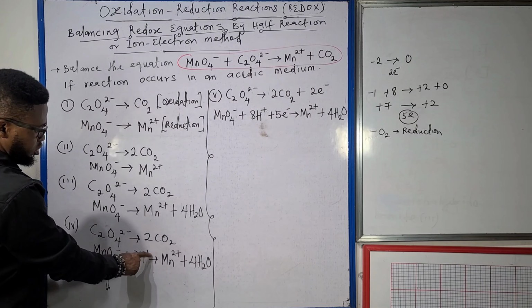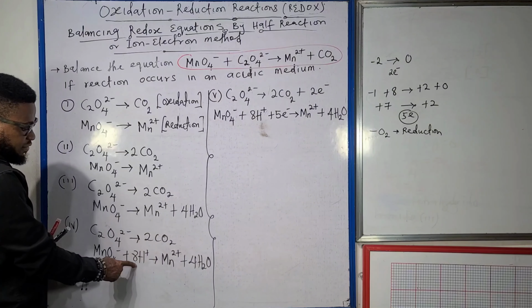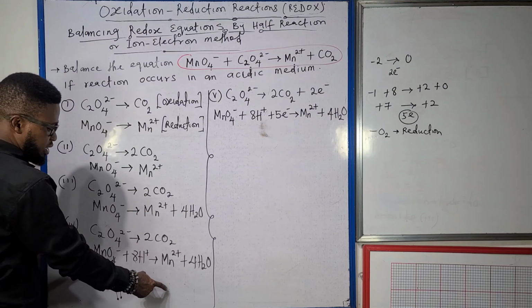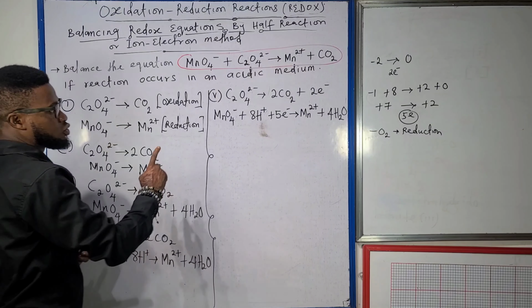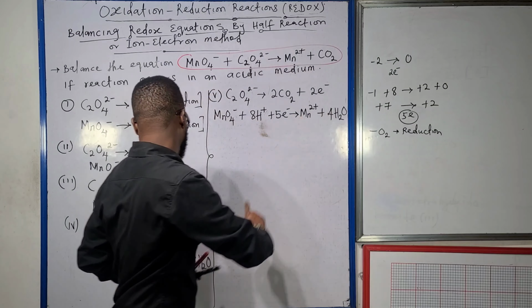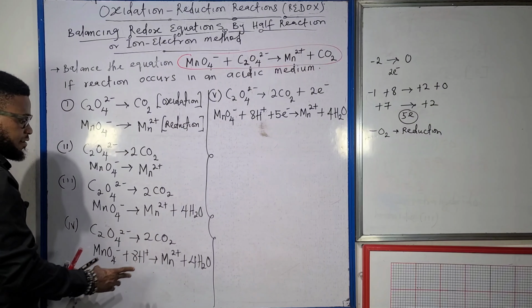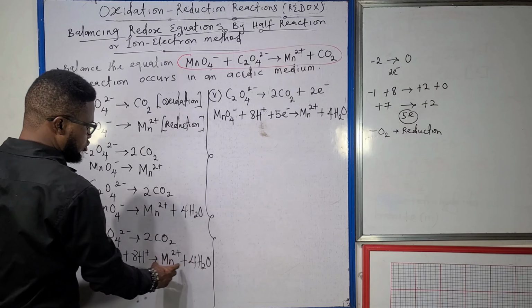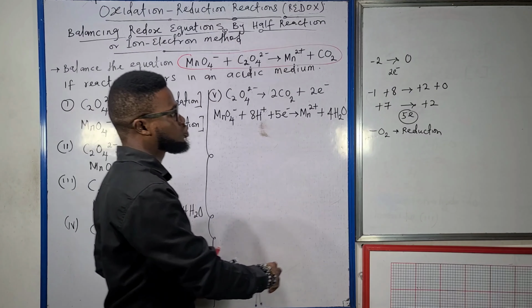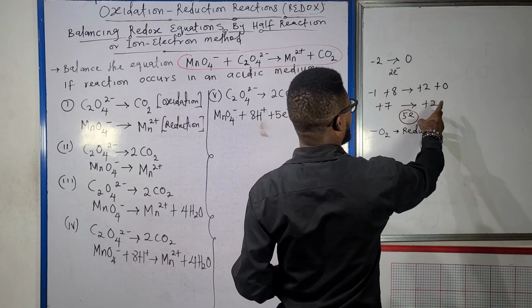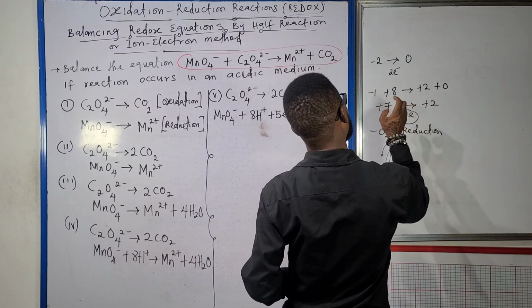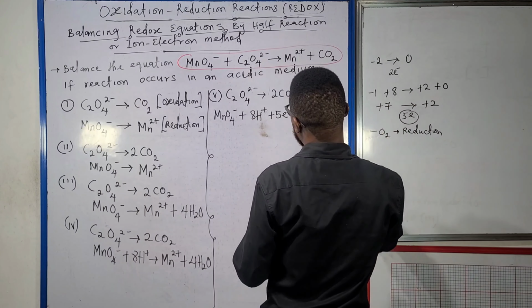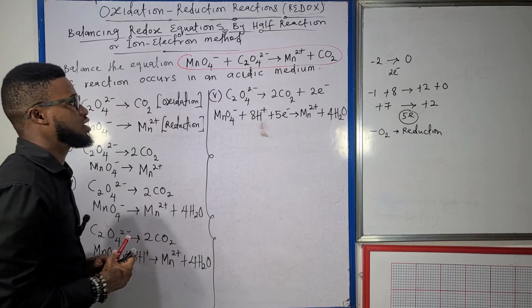This is hydrogen ion, H plus, that's +1, but because we have 8 here, 8 times +1 is +8. So -1 plus 8 will give us +7 for the reactant side. Now this is +2, this is 0, so that gives us +2. The difference between 7 and 2 is 5. We'll be adding 5 electrons to the more positive side, and that is why we're adding this 5 electrons here.